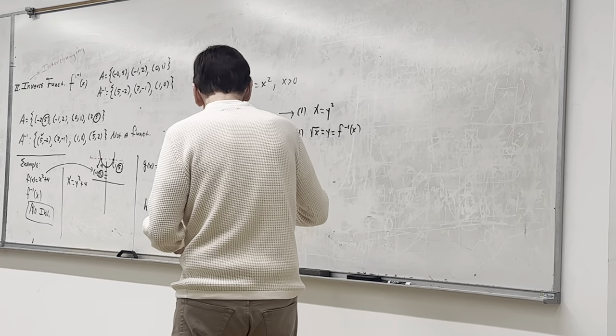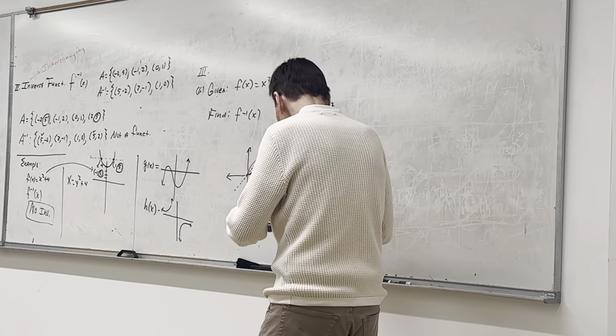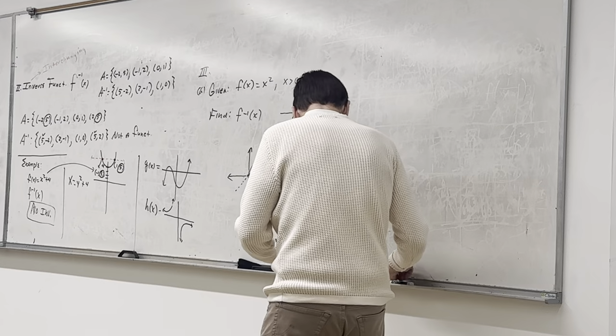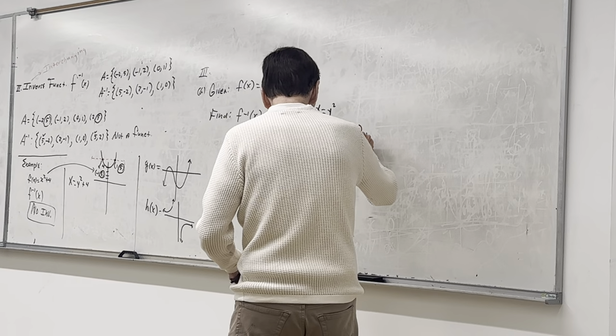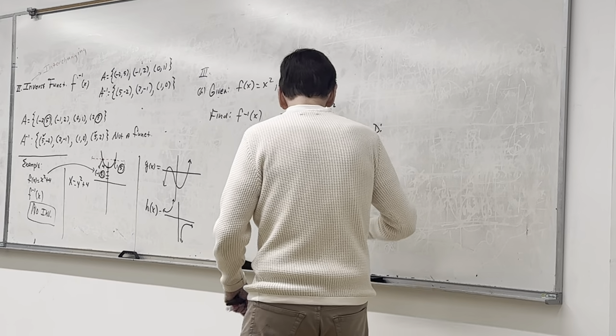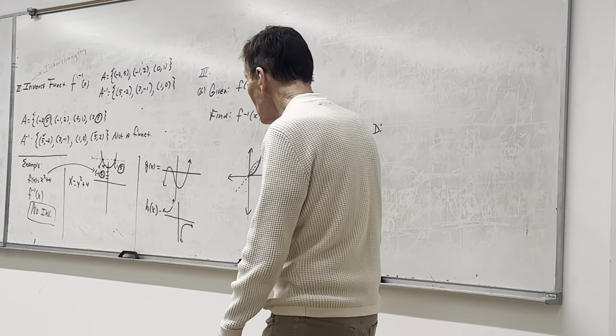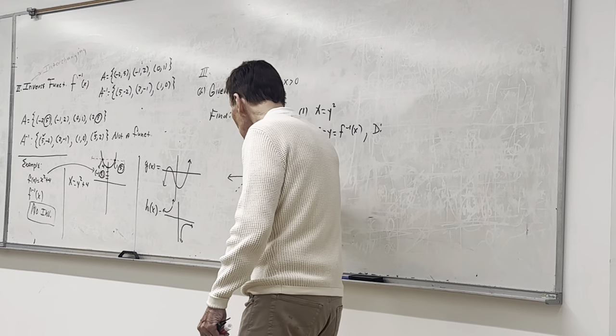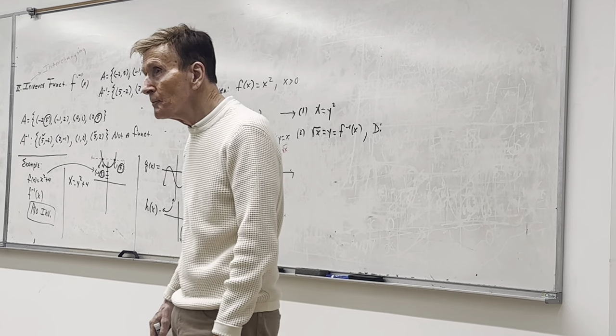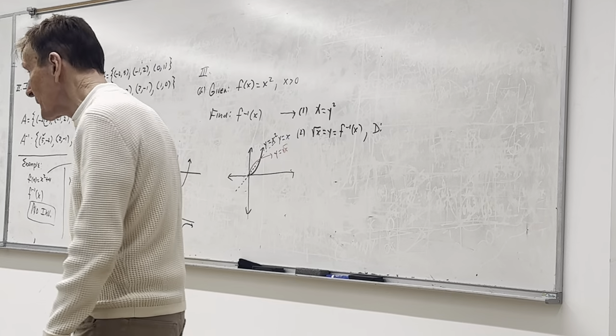Now, but before I leave it, this is the inverse. I should point out, what's my domain on the inverse? And the inverse is the red one. What would you say the domain is on the red one? 0 through infinity.